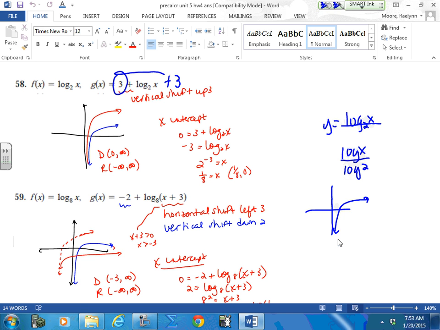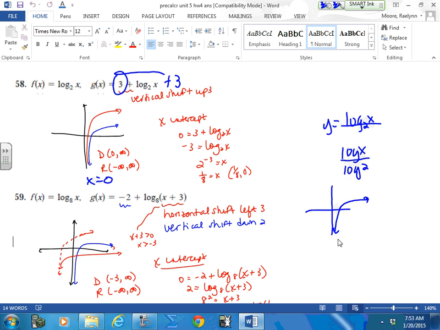So it really wasn't that important to be able to use your change of base because all you're doing is sketching. If you did this the way you were supposed to, you would graph your log graph. Any log graph looks the same: it passes through 1, 0, domain 0 to infinity, range all real numbers, asymptote x equals 0. Then do the transformation, shift it up 3, and you could see none of these would change.